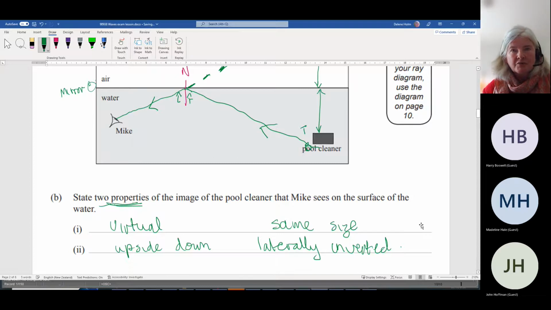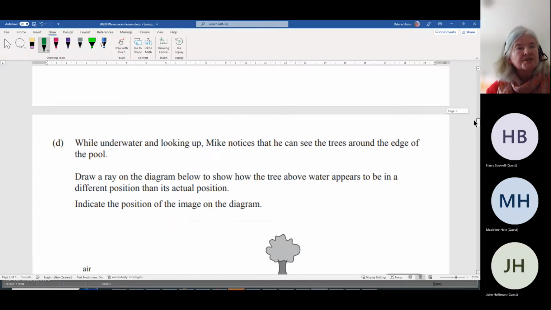But whenever they say describe the image or give the property of the image, it's always those things. Is it virtual or real? Is it bigger, smaller, or the same size? Is it upright or inverted? Okay, chip in if you've got any questions.